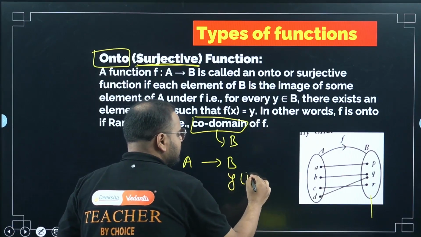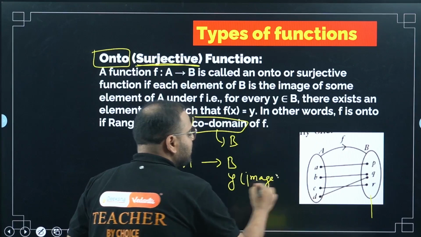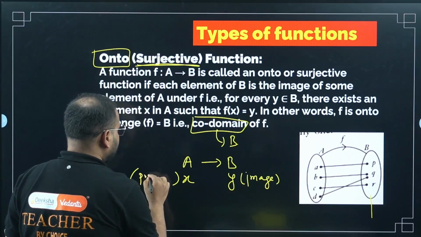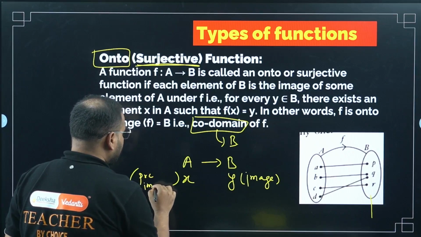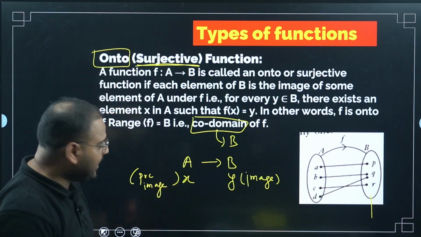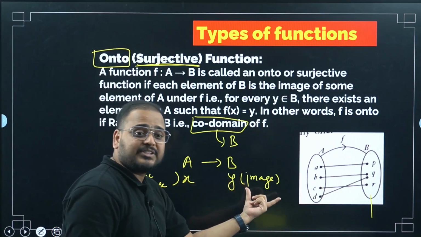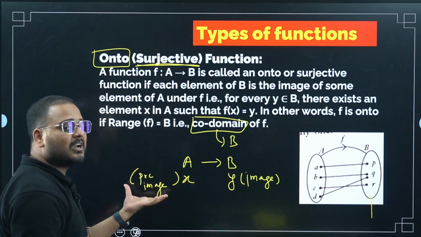We call it image. And what do we call X? Pre-image. I'll repeat, please listen to me. For X, Y is called image, and for Y, X is called pre-image.